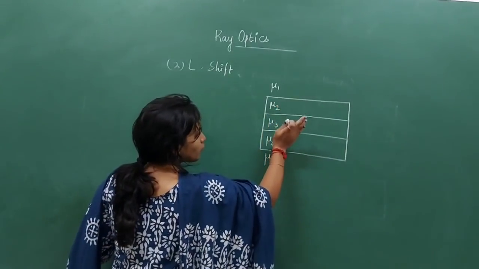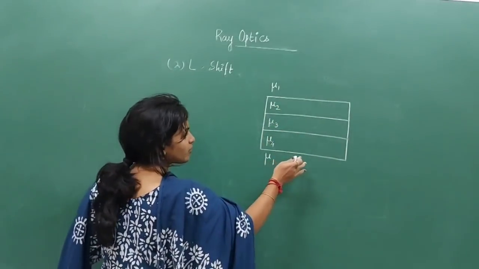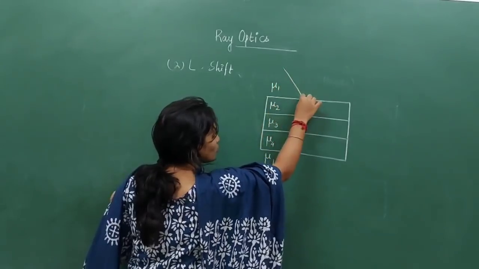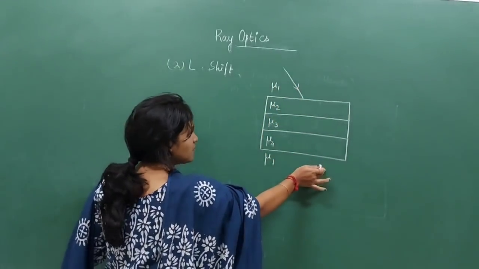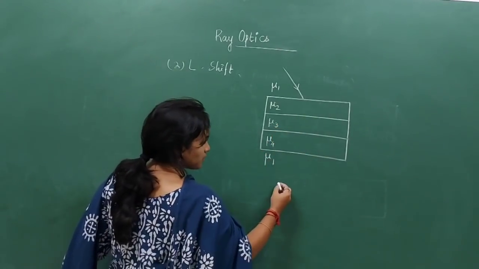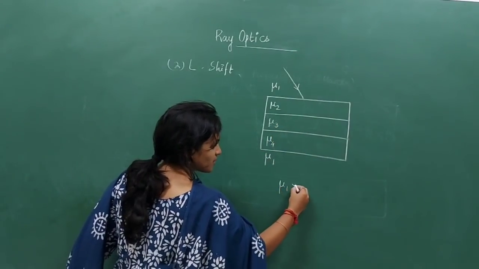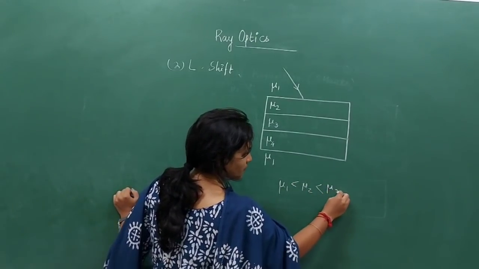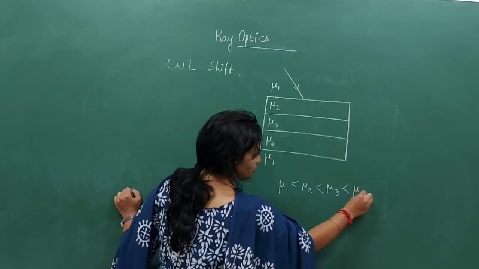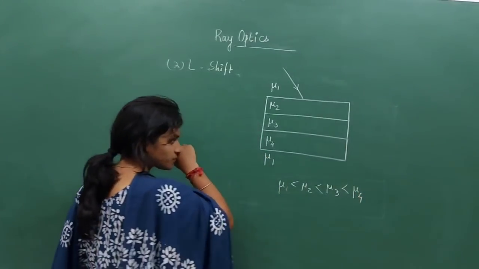For three or four different kinds of refracting media, a ray of light goes from the first surface to the other surfaces, and here we are giving some condition like mu1 is less than mu2, that is less than mu3, and that is less than mu4. Then what will be the result?